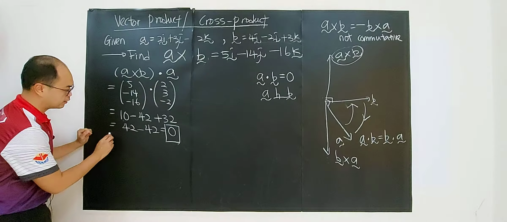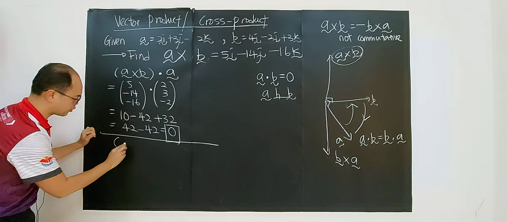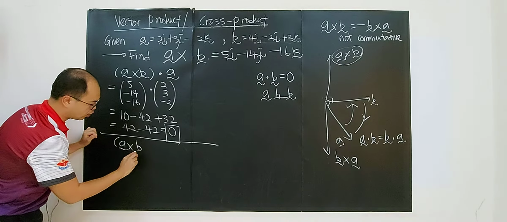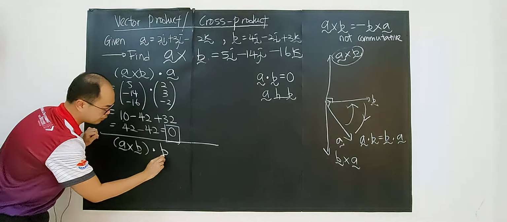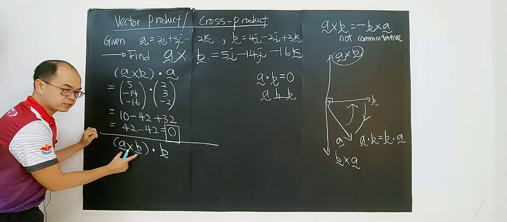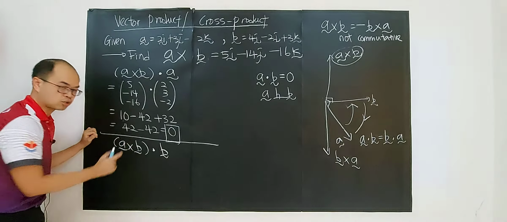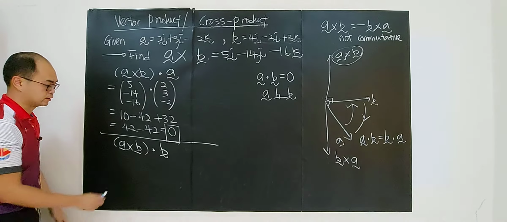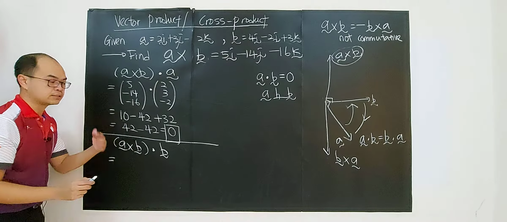The result will be the same if you take A cross B and dot with B. As long as this vector is inside the cross product, you are getting 0.